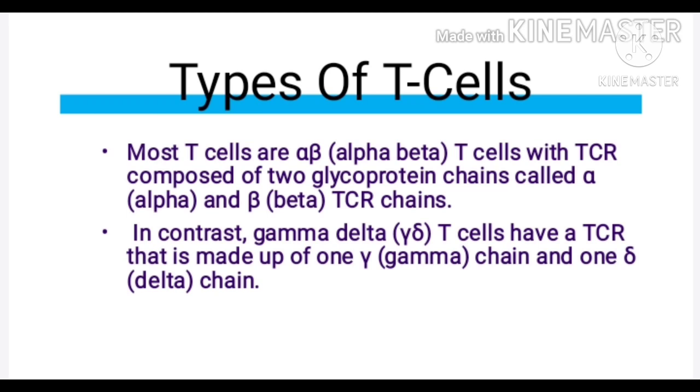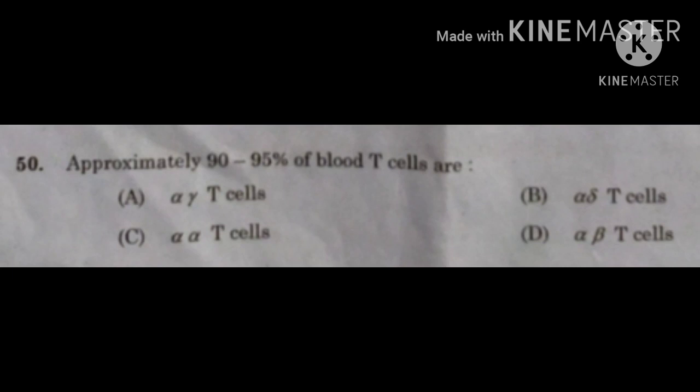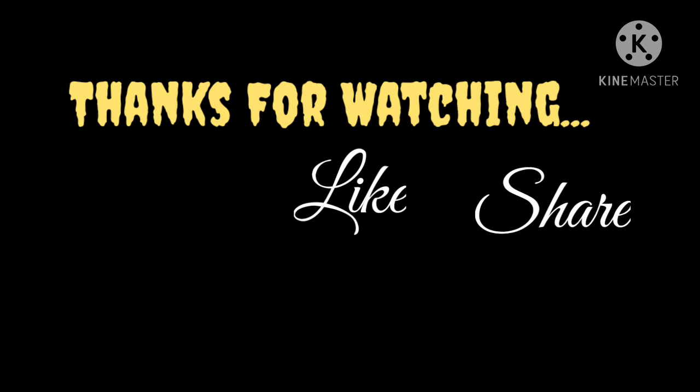Then in contrast, gamma delta T cells have a T cell receptor, that is TCR, that is made up of one gamma chain and one delta chain, like that. So the correct answer for this question is option D, alpha beta T cells. Okay, remember here the T cells are classified on the basis of the glycoprotein or polypeptide chain found in their T cell receptors. Okay.